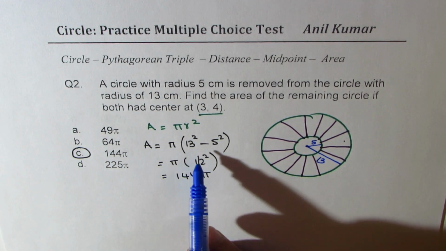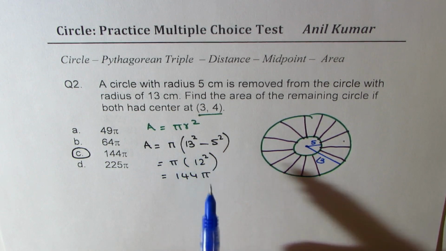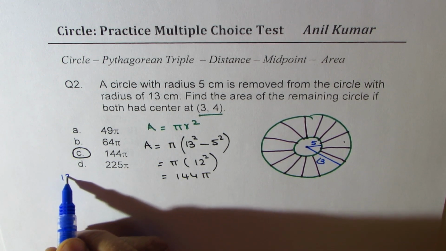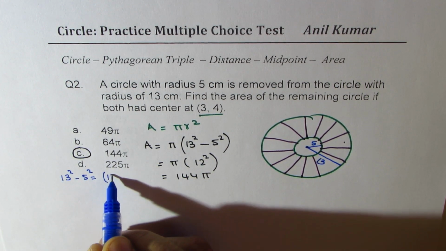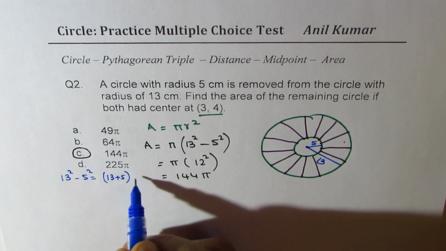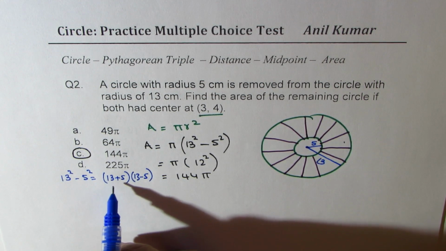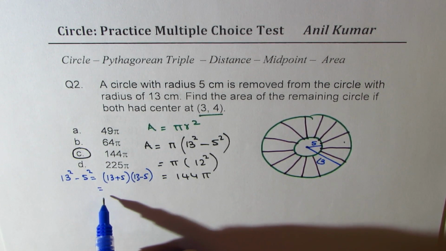Now this calculation could also be done very fast with another method. That is, this portion here, 13 square minus 5 square, could also be written as 13 plus 5 times 13 minus 5, correct? So that also helps you at times to do faster calculations, right?